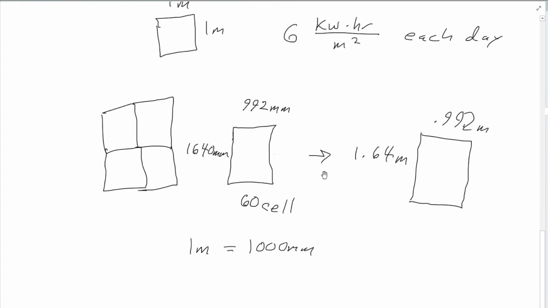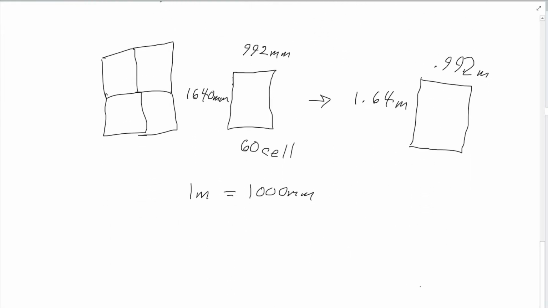And now, knowing the length and the width, we can calculate the area for a single panel. You should all be fairly familiar that the area for a rectangle is just going to be equal to the base times the height. In this case, the base of this one we're going to use is 0.992 meters, and I'm going to multiply that by the height, specifically for meters, 1.64 meters.